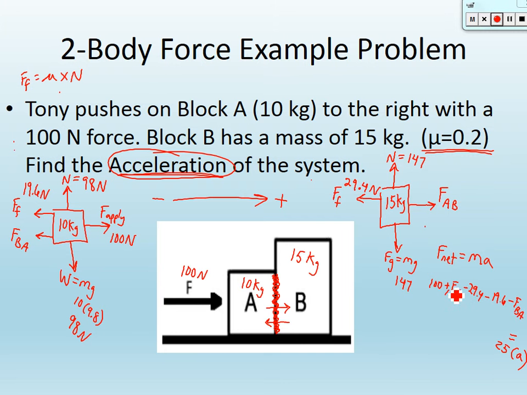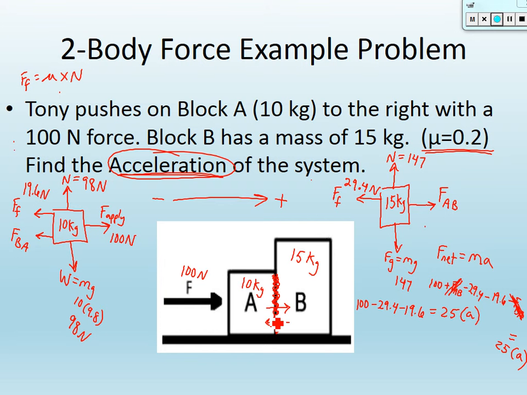Yeah, so if one's positive and one's negative, they cancel out. So let me rewrite this so I have a little bit more room. So now we have 100 minus 29.4 minus 19.6 is equal to 25 times A. That's kind of the important point of these problems, is to realize that the contact forces are equal but opposite, so they can and will cancel out when you get to the net force.